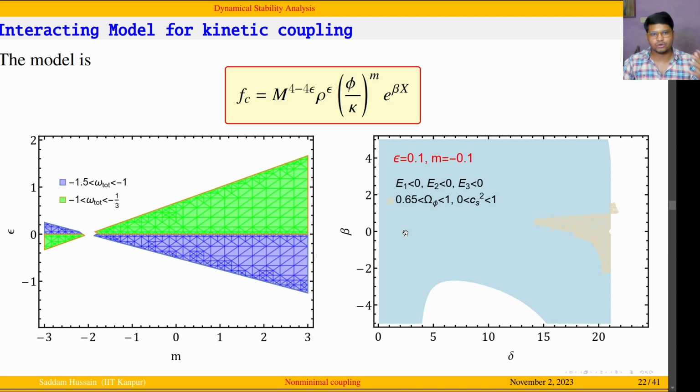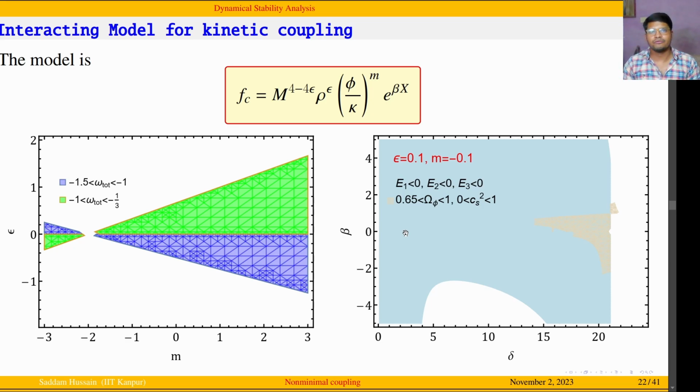Now, if you want to linearize the autonomous system and find the eigenvalues corresponding to each critical point, this is very complex and we cannot do it without going to the numerical stage. Analytically it is not possible. So what we can do is choose the coordinates of m and epsilon which may lie in the green region and also in the bluish region.